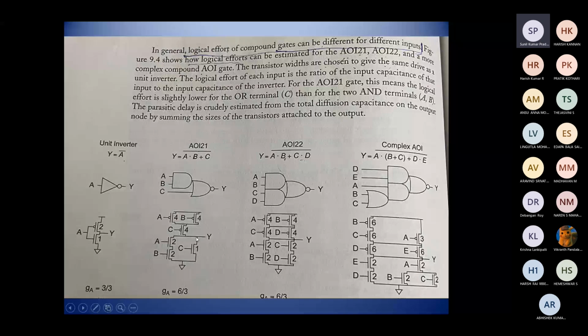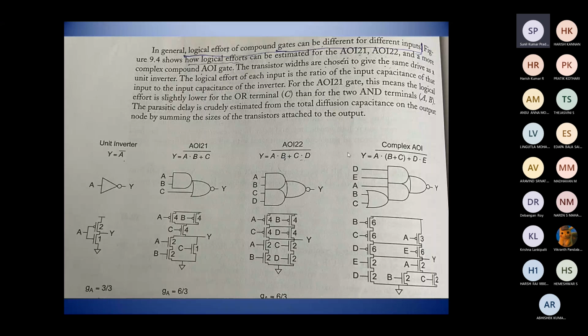And this one, which you see here, is AOI, which is AND-OR-Inverter, and 21, 22 is given as the abbreviation. In general, the logical effort of compound gates can be different for different inputs.